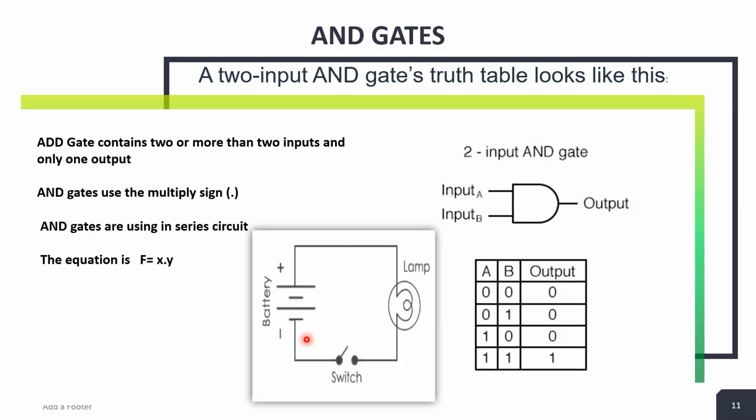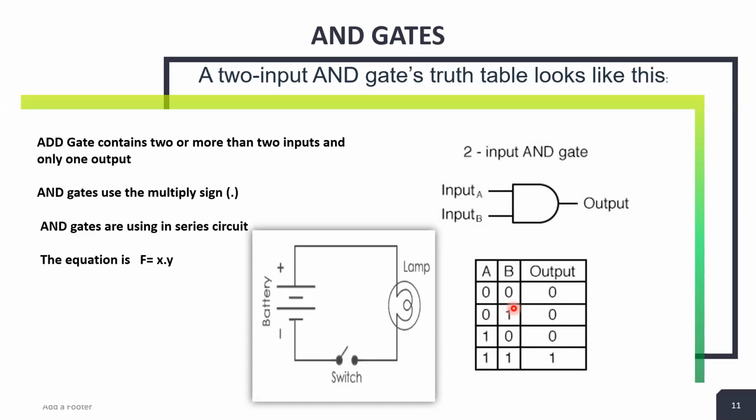If the first is closed, current is flowing, but when it reaches here, it's open. This is a 0, it means open. Then no current will reach the end. So the output will be 0. A is 0, B is 1, then the output will be 0.